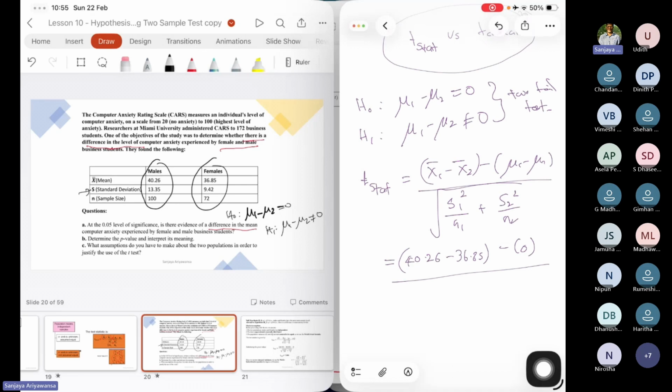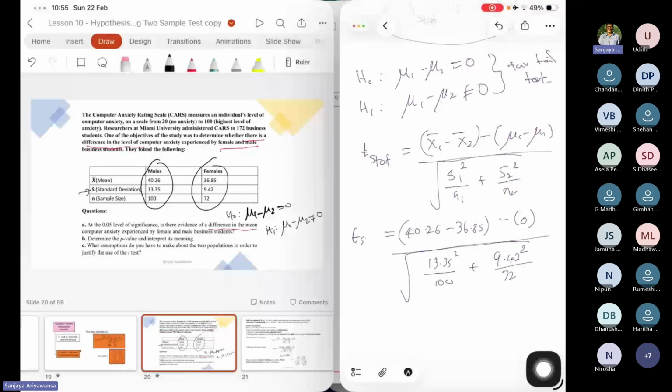S1 squared is 13.35 squared divided by N1, which is 100, plus 9.42 squared divided by 72. Don't forget the square root. So the t-test statistic that you will get is 1.964.